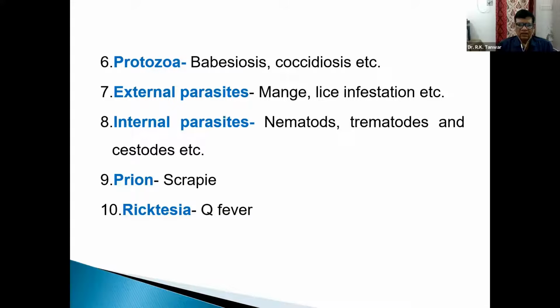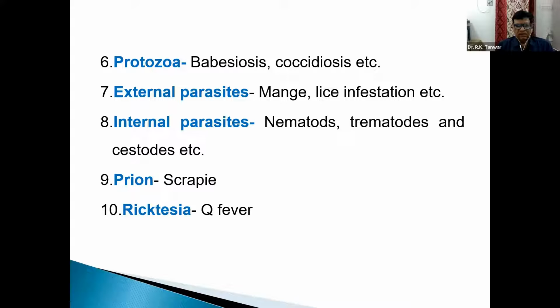Then, as far as external parasites are concerned, we have sporadic cases of mange and lice infestation in sheep and goat, but we have a major problem of internal parasites because we carried out surveillance, not serosurveillance, but a survey. When we collect fecal samples from slaughterhouses or from flock owners, there are nematodes, trematodes, and cestodes. All three internal parasites are there.